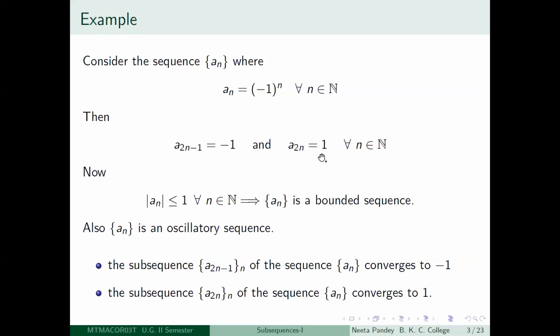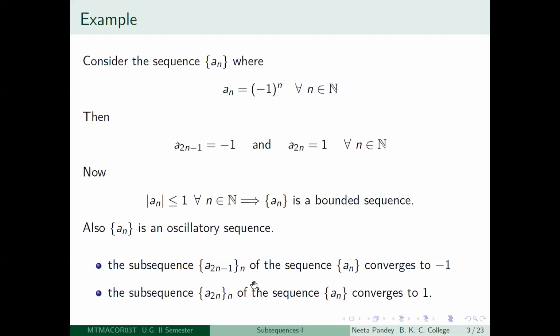And similarly, if you look at all the even terms of the sequence, that is, look at the second term, fourth term, sixth term, eighth term, and so on, then that will also give you a subsequence of the original sequence. So at least writing down two subsequences of this given sequence is not difficult, right? Just take the odd terms, that will give you a subsequence. Take the even terms, that will give you a subsequence.